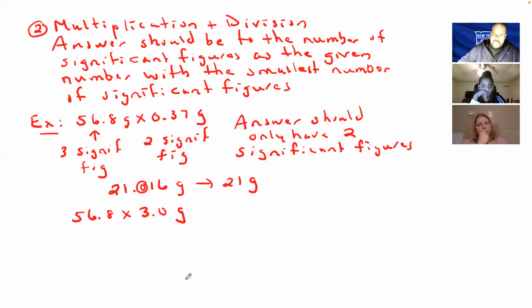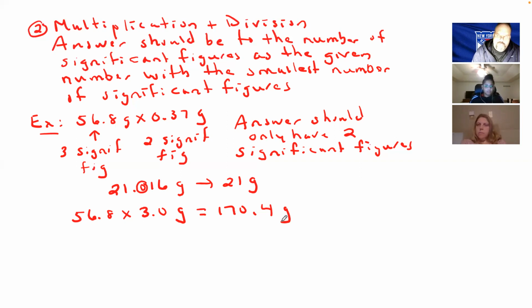But when I multiply these numbers, I come up with 170.4 grams. Now here's the dilemma: how could I write that with only 2 significant figures? Because I can't write 17, because it's not 17, it's 170.4. So in this case, from my perspective, you'd have 2 options.